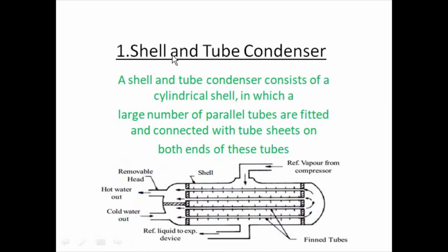Starting from the shell and tube condenser, this is its construction as you see here. This is a shell and tube condenser. A shell and tube condenser consists of a cylindrical shell in which a large number of parallel tubes are fitted.